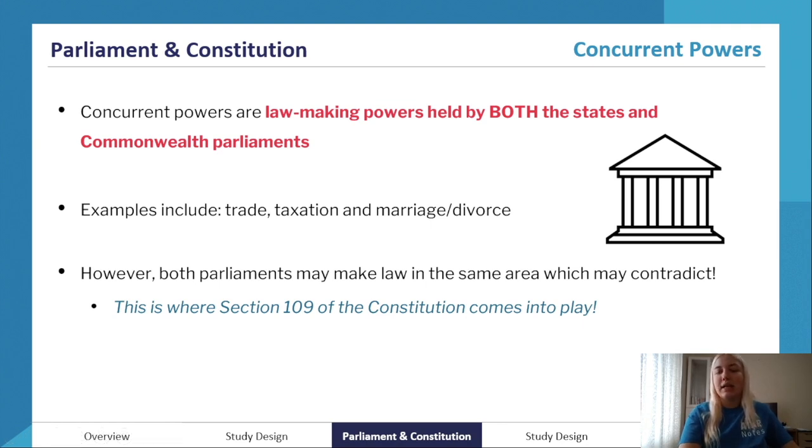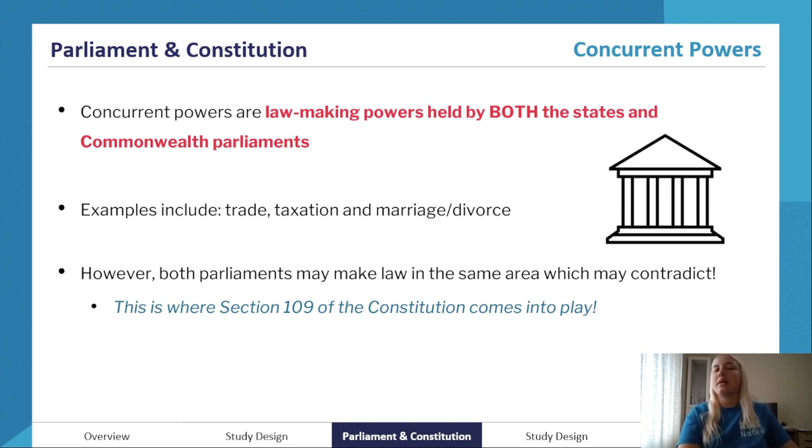Wouldn't we have overlapping laws or different laws if that is the case? And this is where Section 109 of the Constitution comes into play, which explains exactly what will happen if both a state parliament and a Commonwealth parliament make law in the same area and the laws contradict. So we'll look at that in a second.